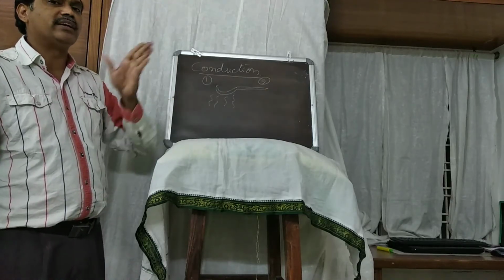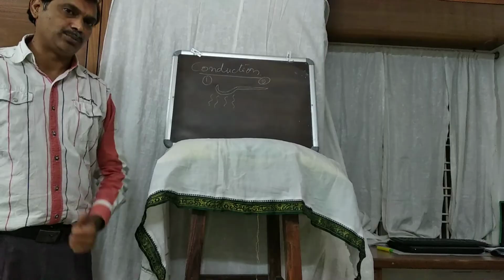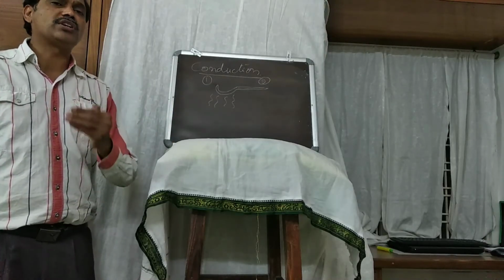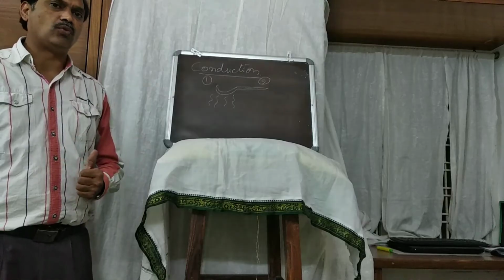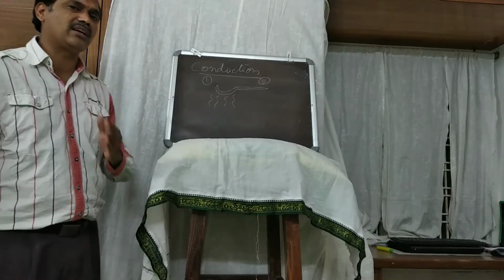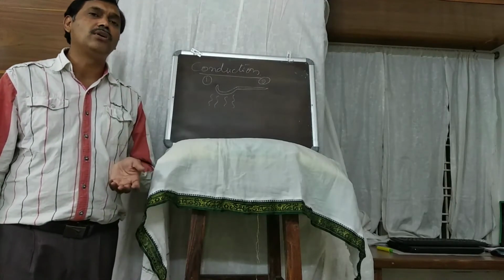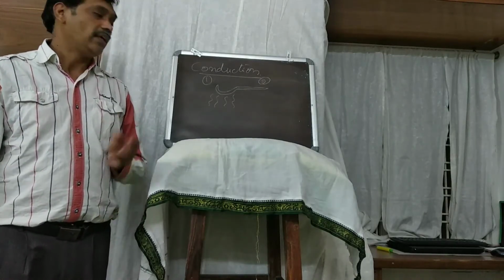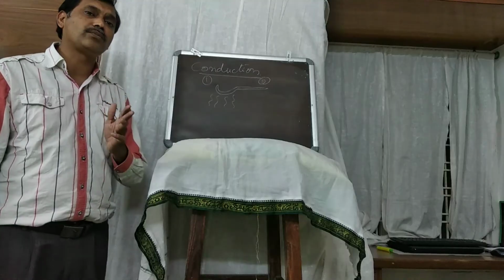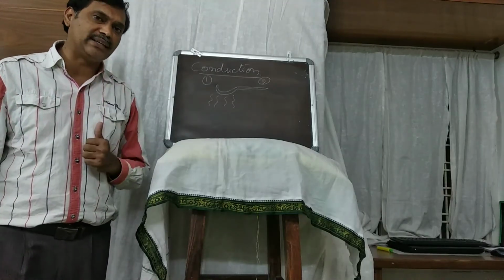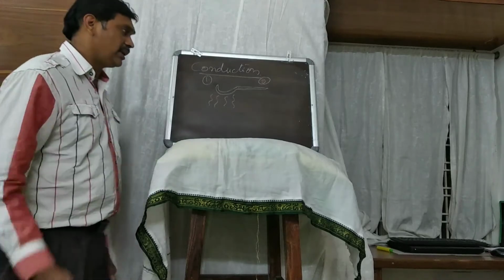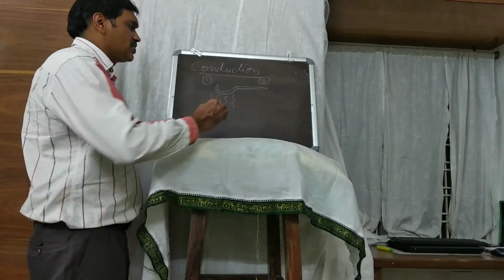How does it take place? This is entirely due to the motion of free electrons. What is temperature? Temperature is a measure of the velocity of molecules. If the temperature increases, the velocity of molecules inside the solid increases.